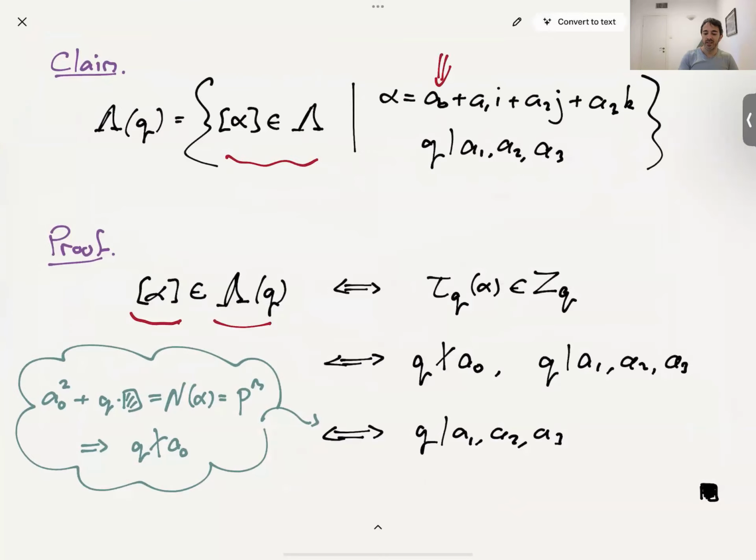So that's what's written here. But I claim that this is equivalent, that's what I hinted to above, to just saying that this is implied by this.